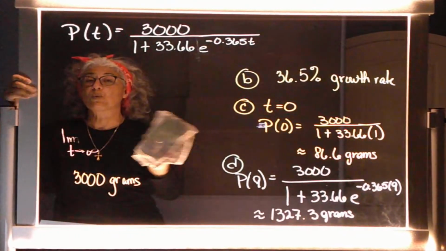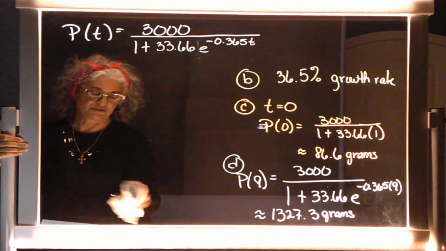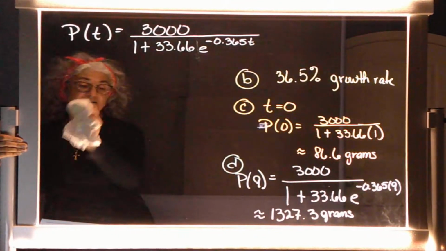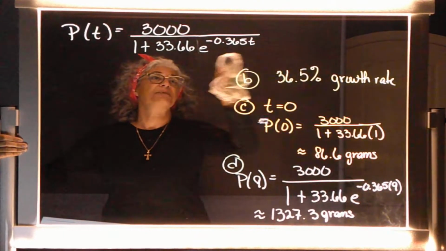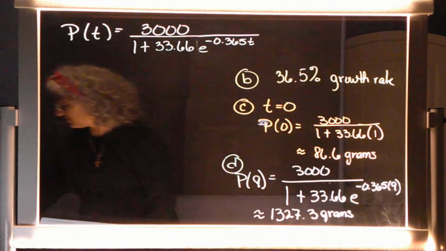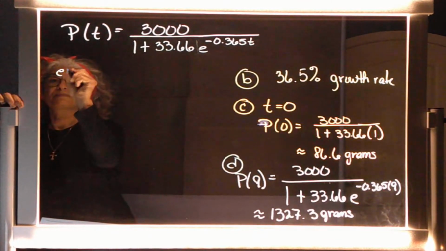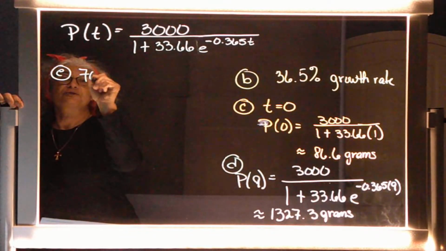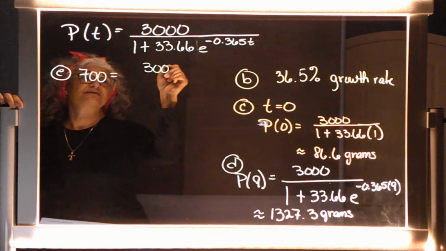Yeah, they're asking when, which means I'm looking for time, which means I must know the end. And the ending population for this bacterium is 700. So for part E, we have 700 grams equaling this lovely fraction.